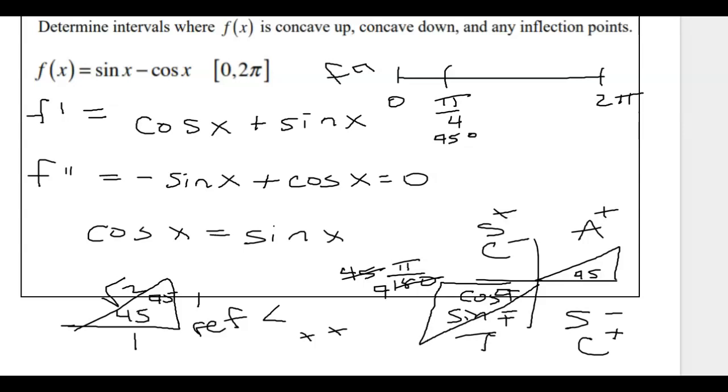The 45 degrees always goes in the corner, and so you're looking at this reference angle. So you've got 180 plus 45. So that's 225 degrees, which is 1 pi plus another fourth, 5/4 pi, which is 225 degrees.